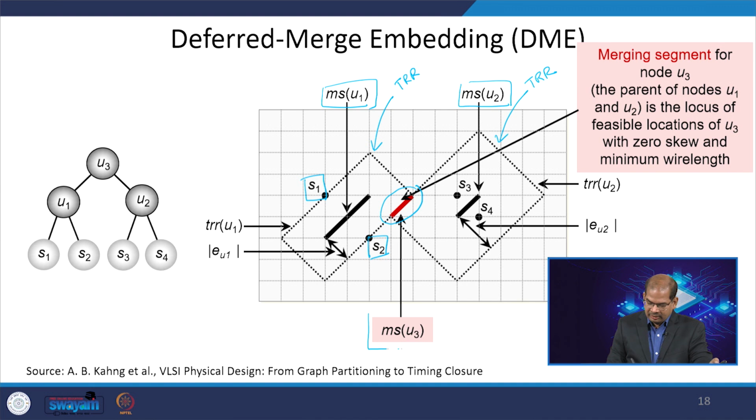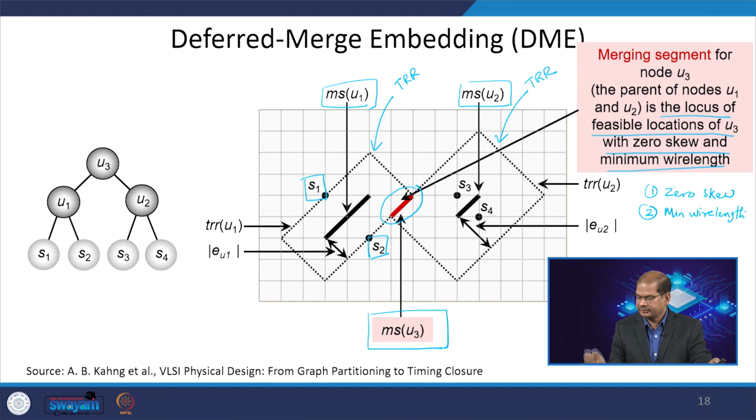That is called merging segment U3. The main point is that it is the locus of feasible locations of U3 with 0 skew and minimum wire length. If you pass through that point or segment, you will have 0 skew with minimum wire length. There are two concepts: one is 0 skew and the second is minimum wire length.